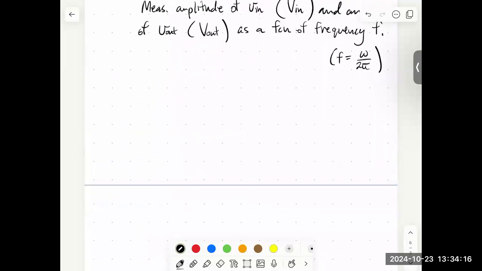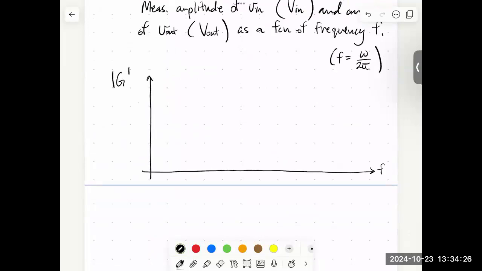So if we were to plot here as a function of frequency, let's just say the absolute value of the gain. So I don't want to worry about the negative sign. What you would find is as you did the measurements, it would indeed be the case that the gain doesn't change. Whoops. So let me put some error bars in here. And so that's absolutely what you would find and what you will find tomorrow.